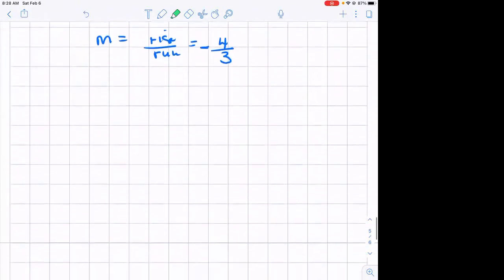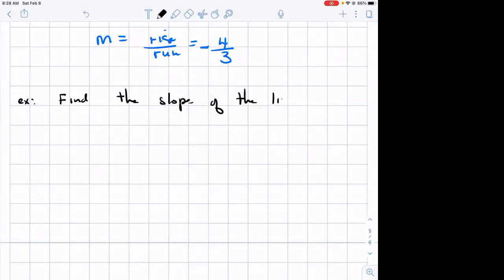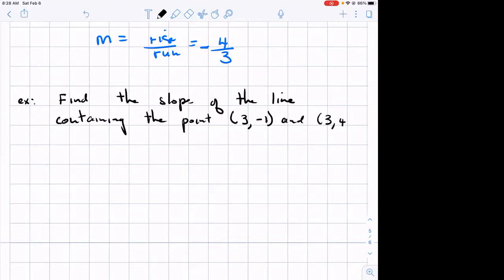How about this one here? Let's look at another example. Find the slope of the line containing the points 3 comma minus 1 and 3 comma 4.